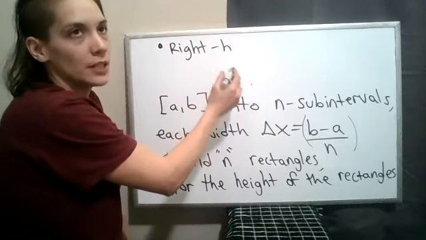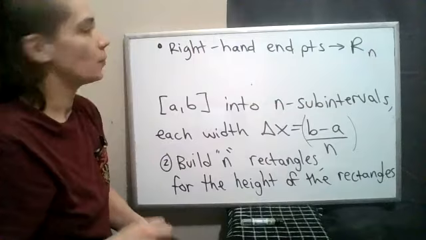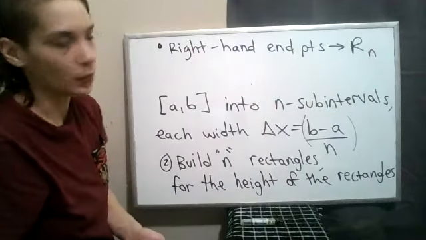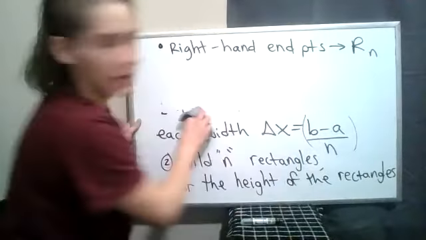we're going to use the notation capital R sub n, which we'll use most often. But you could use left hand endpoints, which are going to be L sub n.